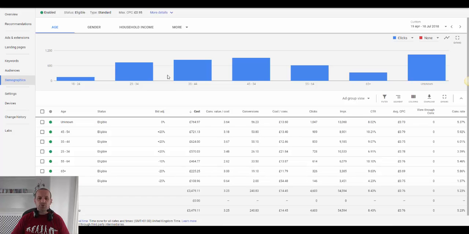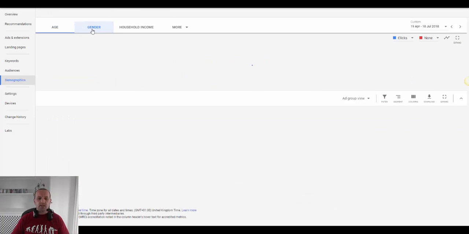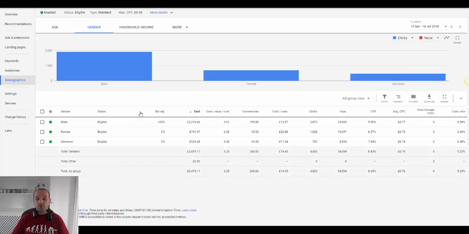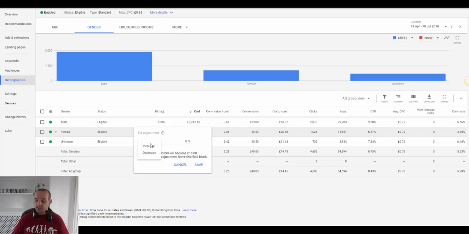If we move on to gender, we can then see male, female and unknown. Weirdly, the unknown group actually does pretty well. Females don't convert quite so well, so let's go ahead and decrease this one by, let's say, 15%.